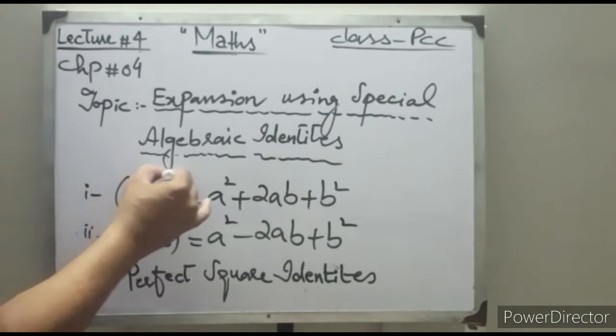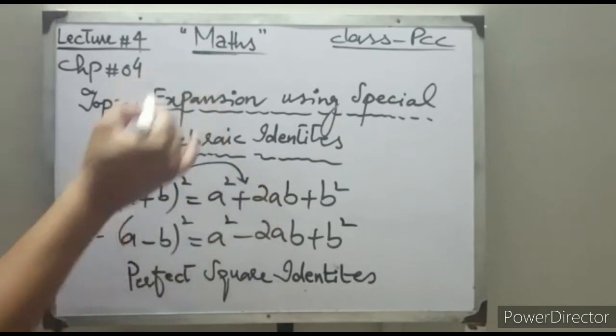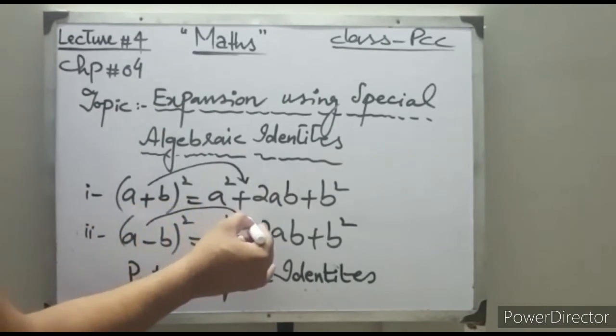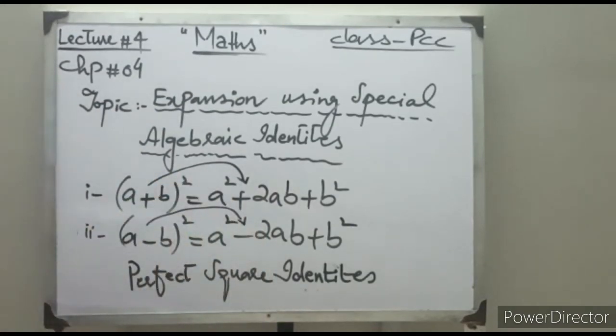Here we have positive sign with 2ab, and in the second identity we have negative sign with 2ab. These two identities are known as perfect square identities.